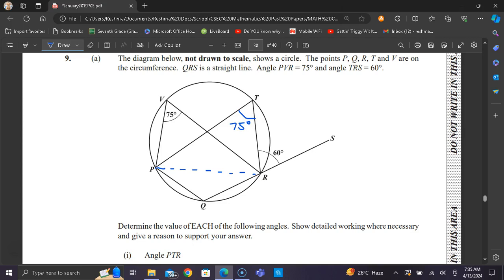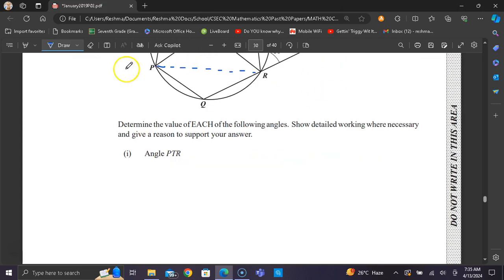Again, it's very important that we state our reasoning clearly. So I'm just going to type it in this space here.